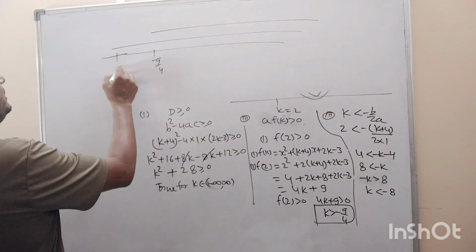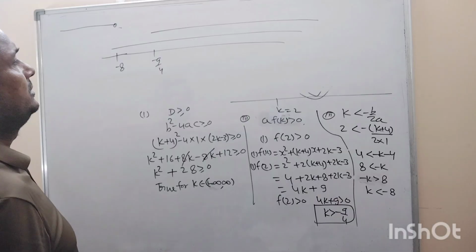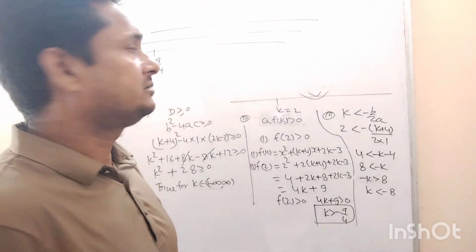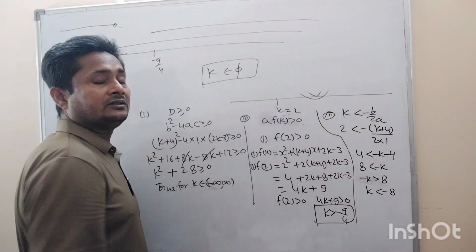So minus 8 will be on this side. So there is nothing common between all these three cases. So k belongs to empty set. So this is the answer.